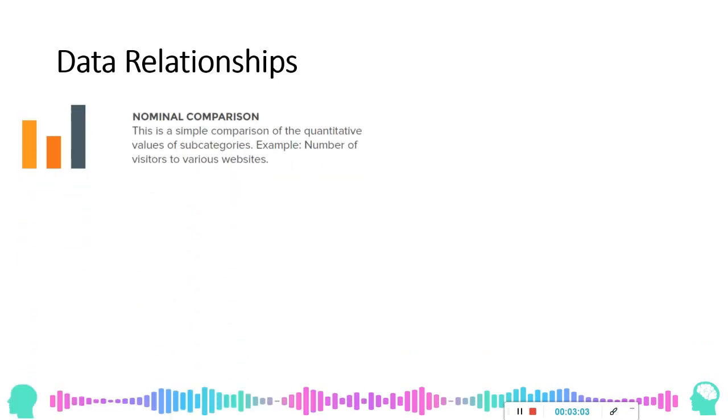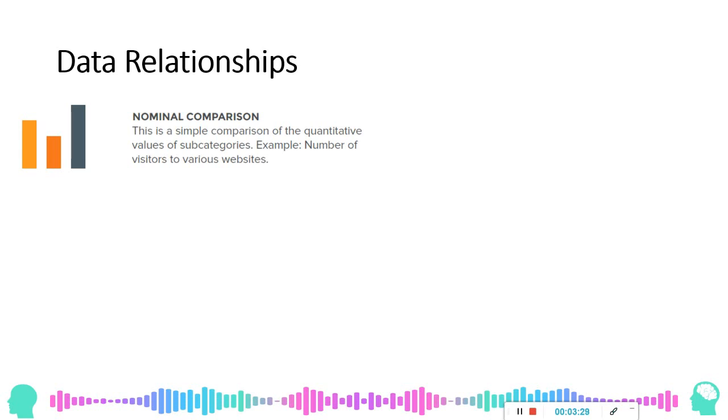For example, here we have a nominal comparison. Let's say you have the data of race against education level, for example.